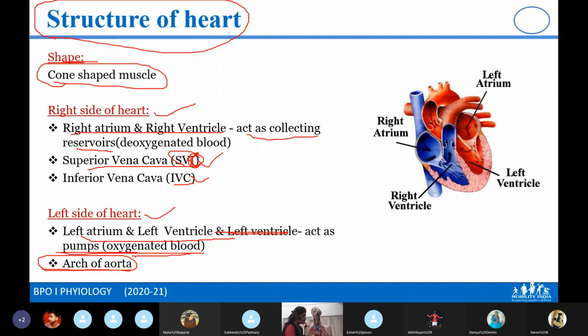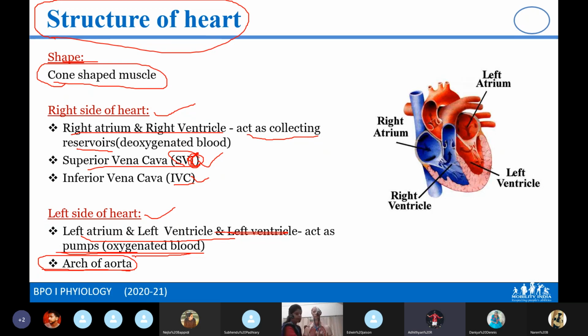Now what will happen? The blood from right atrium goes to right ventricle. Now from right ventricle it goes to the lungs. From the lungs it goes to left atrium, left ventricle, and from there to arch of aorta, and from there it goes to different parts of the body.